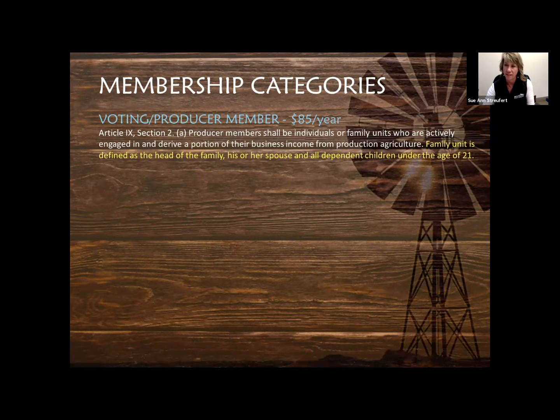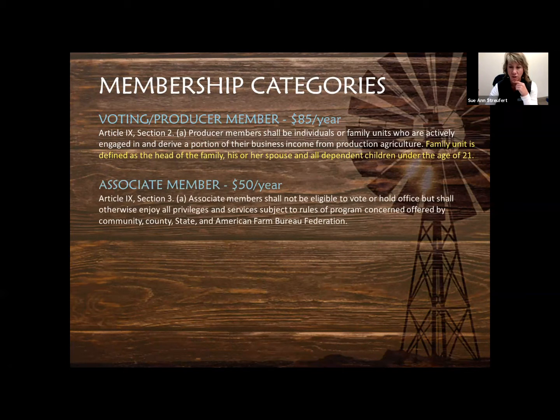That is not allowed within the structure of our organization. You could have a dad and a son, or a dad and a daughter. You could have two brothers on a membership, but just remember there are only two names on the membership. And yes, you can't have children on the membership, but they have to be under 21 to be actually categorized as a member, a true member.